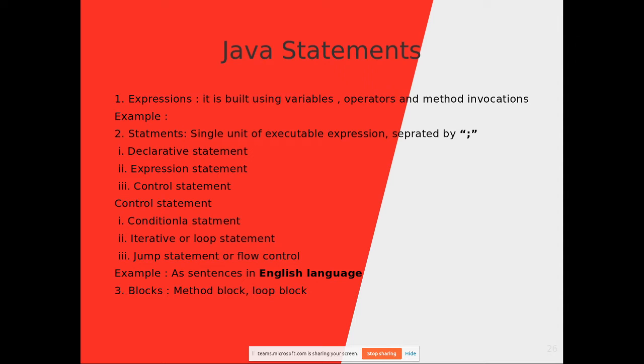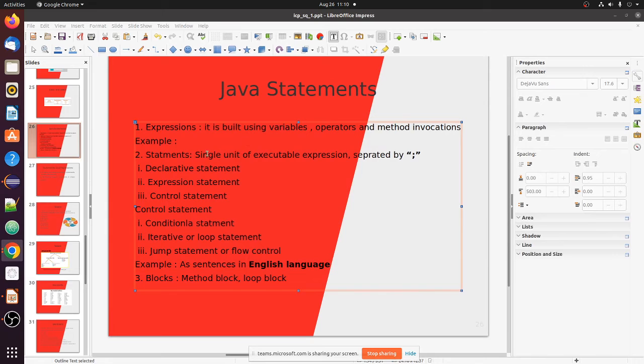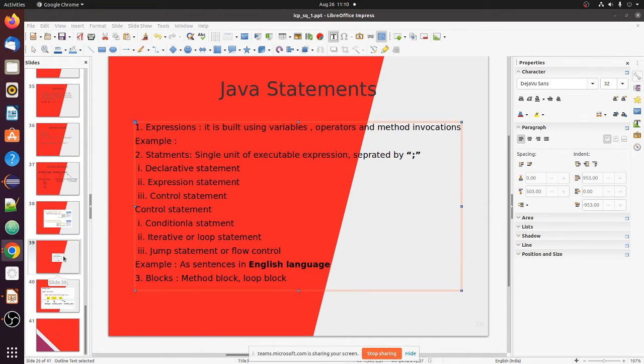So how do you write an expression? You can use variables, operators, and method invocations. Let us see one by one. Suppose variables. Whenever I say variables, how can I declare variables?